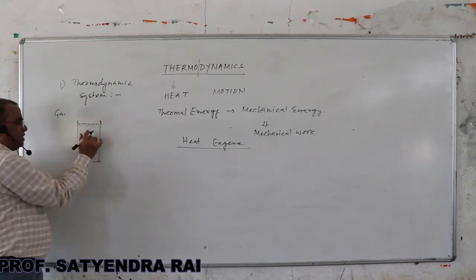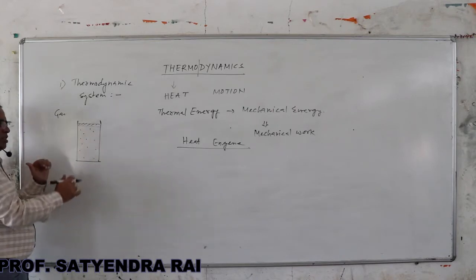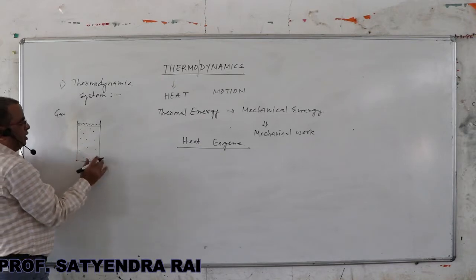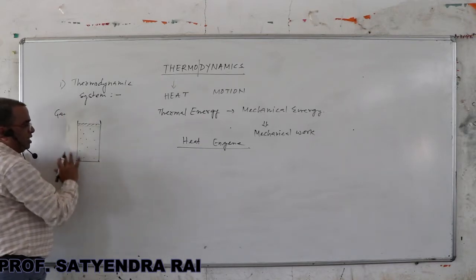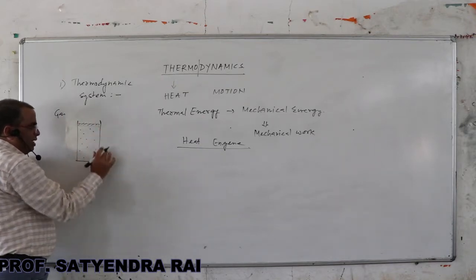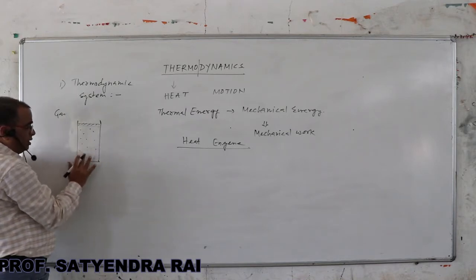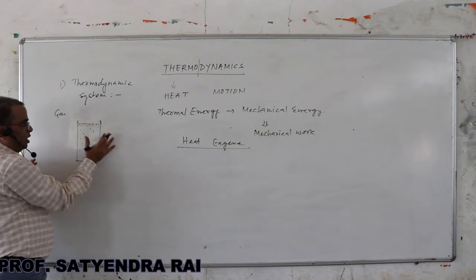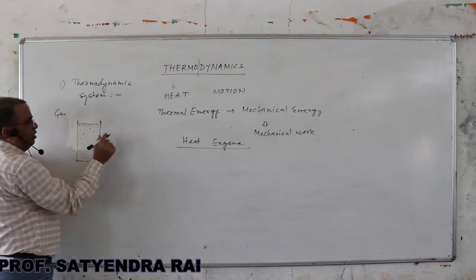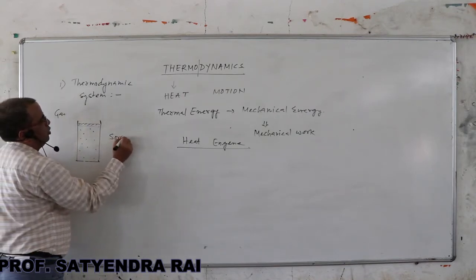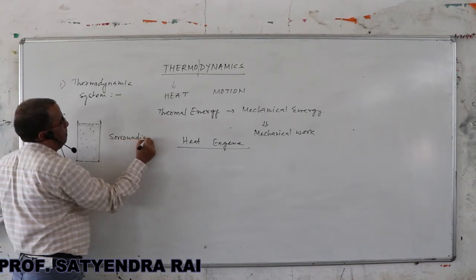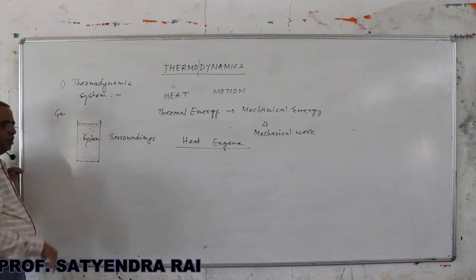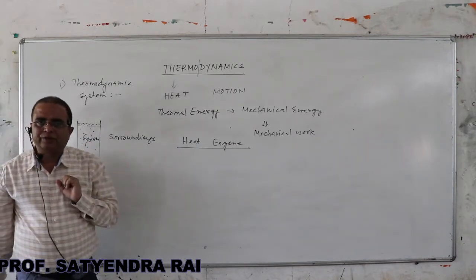So the gas taken over here is confined from all sides, and also it's separated from the surroundings. The gas inside the cylinder is known as a thermodynamic system, and other things outside, the air, are our surroundings. There are two things: system as well as surroundings.